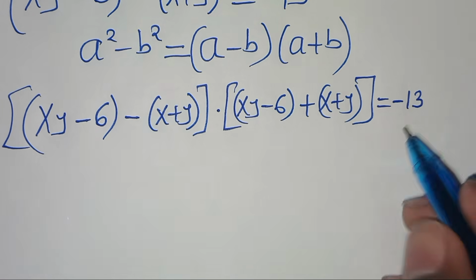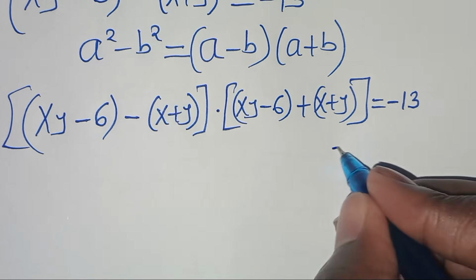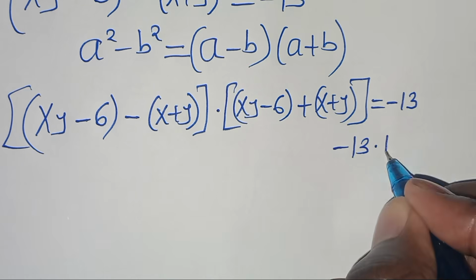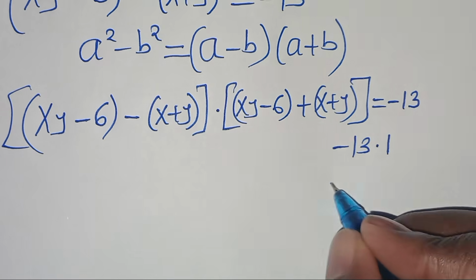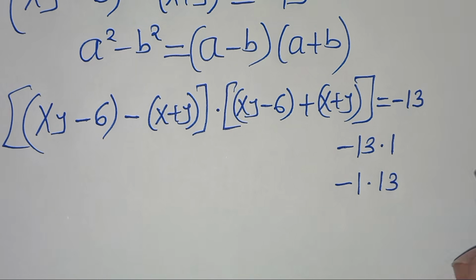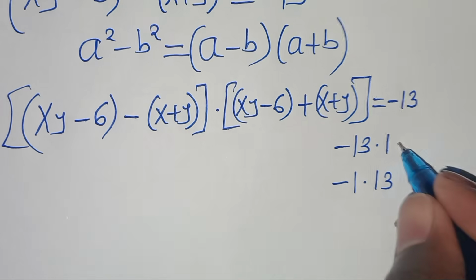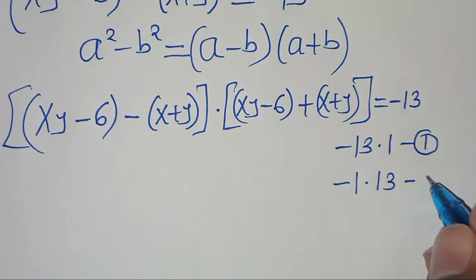The next step is to determine the factors of -13. So we have -13 times 1, and we have -1 times 13. This is the first case, and this is the second case.